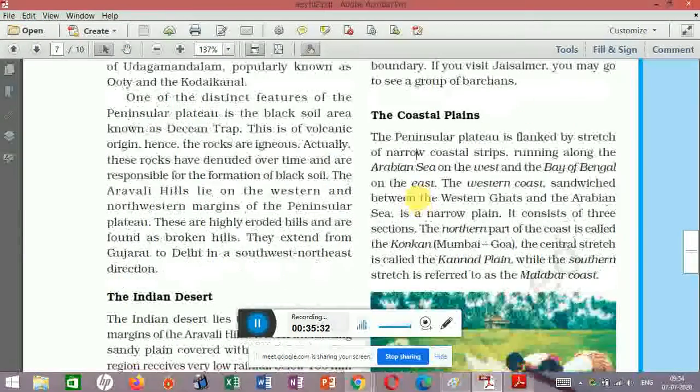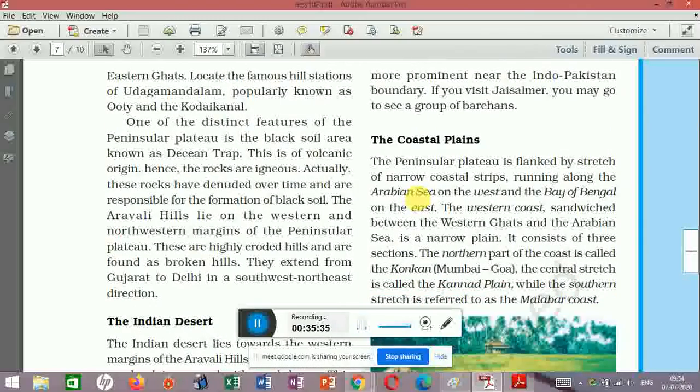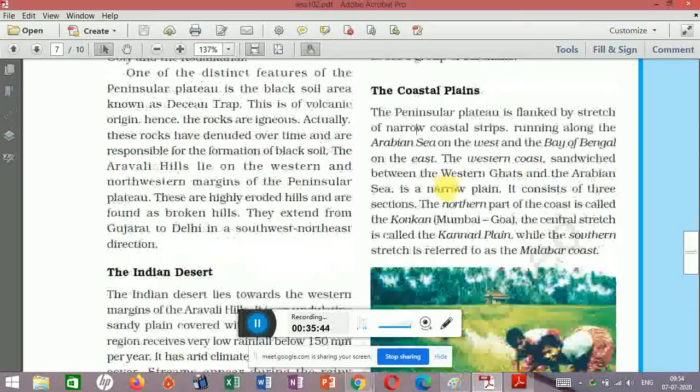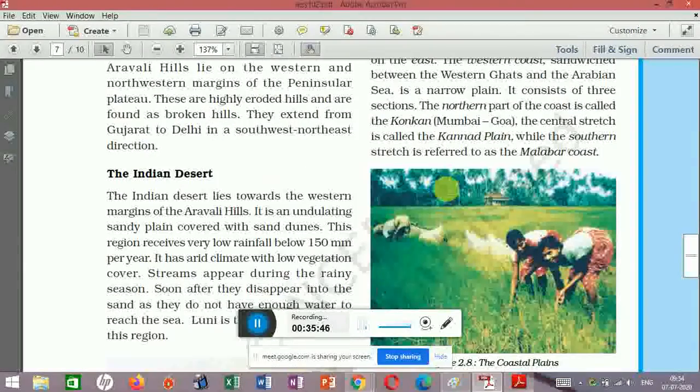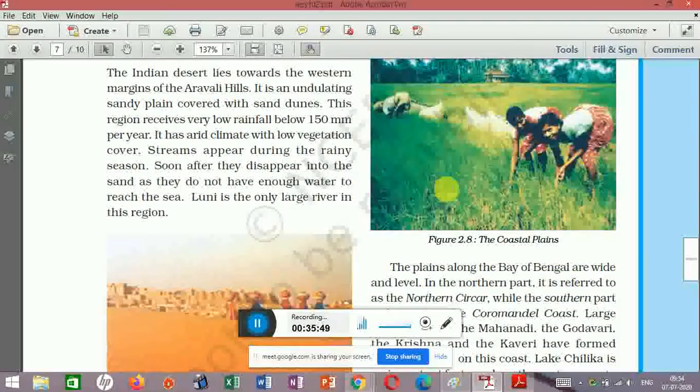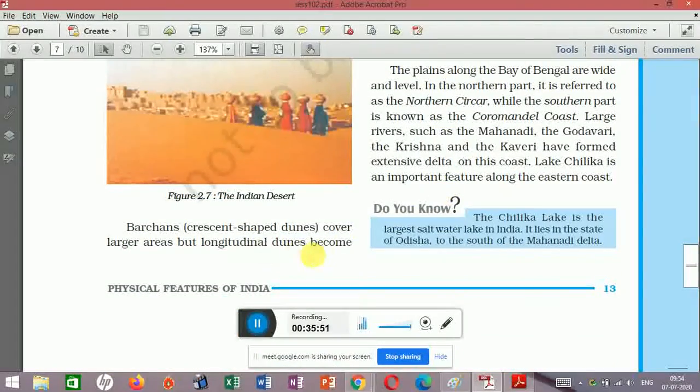Any question about the Rajasthan desert? Sir, the meaning of Saharan, can you repeat it again? Meaning of what? Barsan, I mean. See, the Sahara desert, you know, is in the northern part of Africa, right? And this word Barsan is derived from the Saharan word, meaning the language spoken in the Sahara desert.